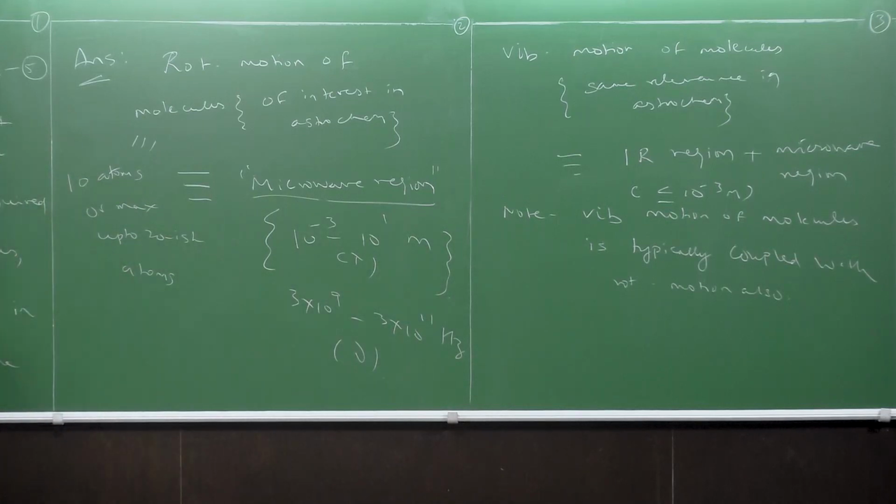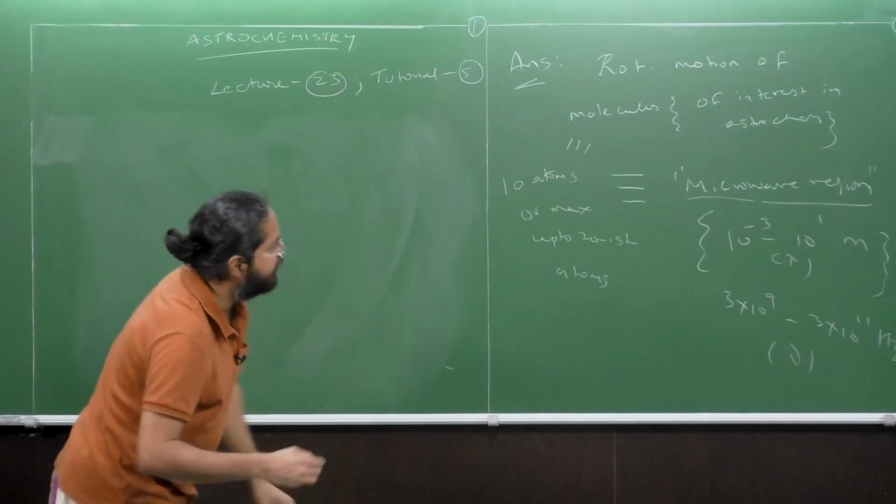Now, the next thing we are going to see is, I will now delete the question itself, because you've had it for enough time. The next region we are going to look into is change in electronic state.